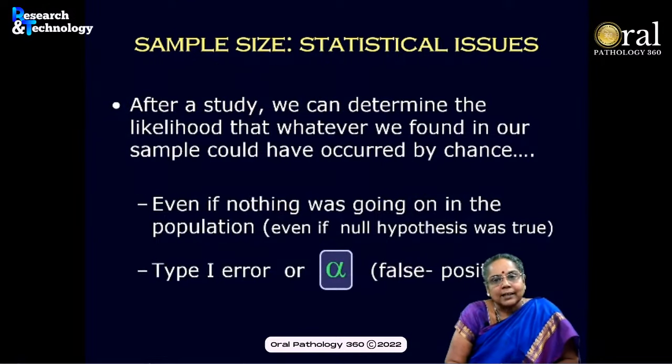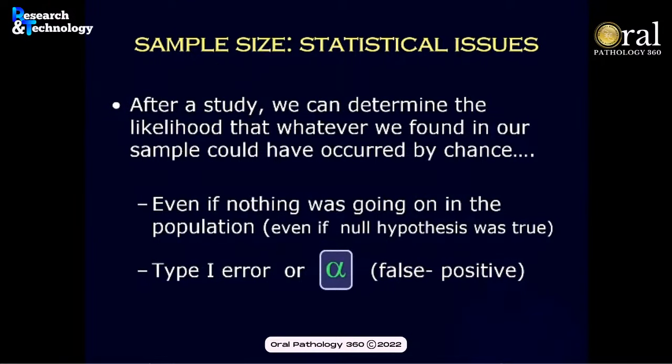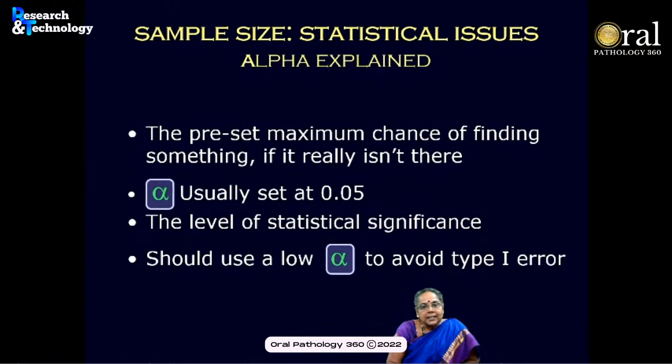So after a study, we can determine the likelihood that whatever we found in our sample could have occurred by chance, even if nothing was going on in the population, that is, even if the null hypothesis was true. That means the study has an inherent error, which is called the type 1 error, or alpha. The preset maximum chance of finding something if it really isn't there.